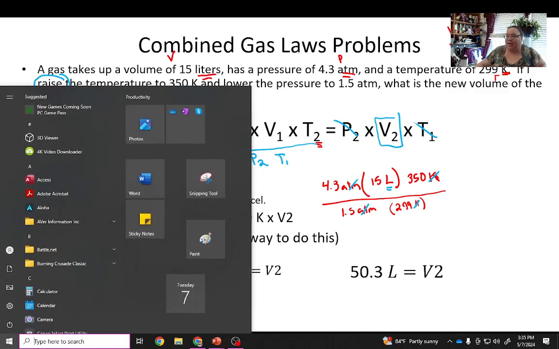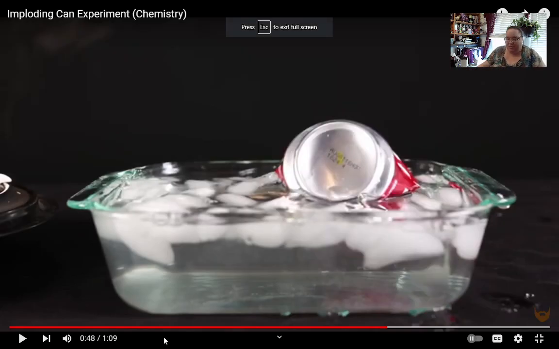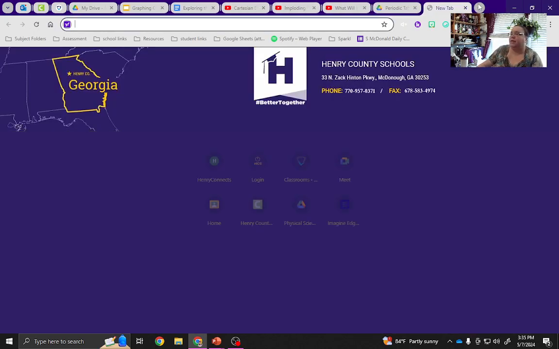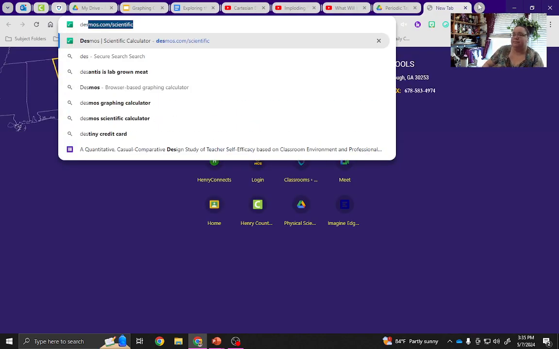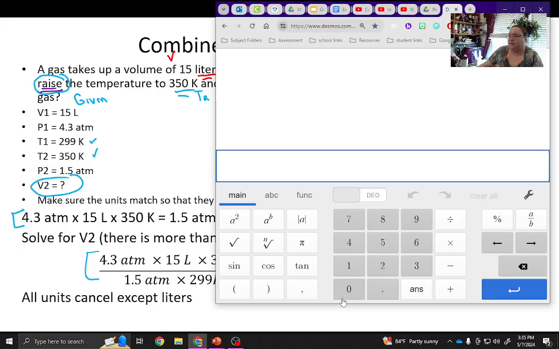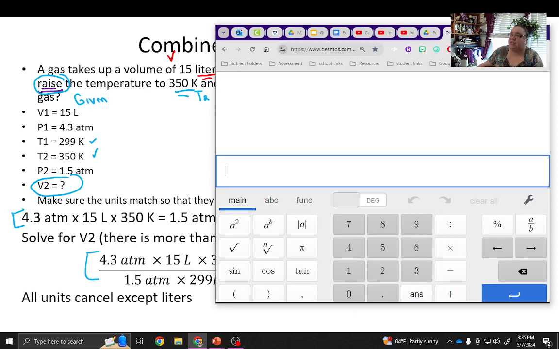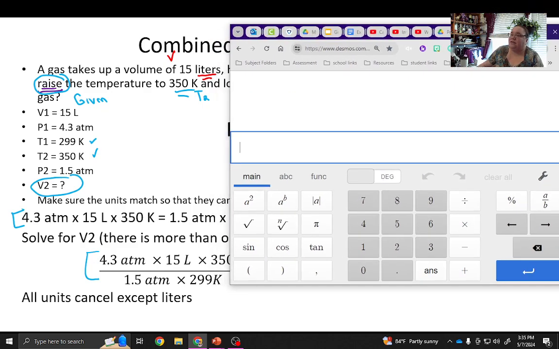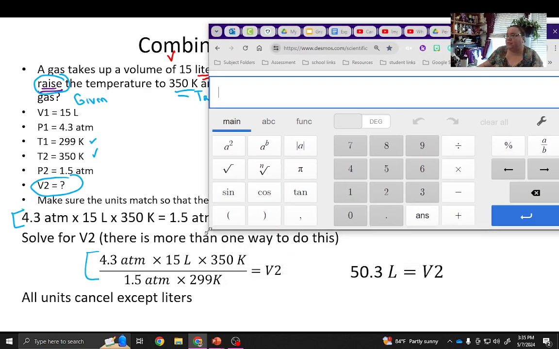Now, for those who are like, how do we type this into our calculator? It would look something sort of like this. This is why I really, really love the Desmos Scientific. So my personal preference was always to rearrange the letters and then plug the numbers in, because I had issues flipping numbers up. But it really doesn't matter as much.